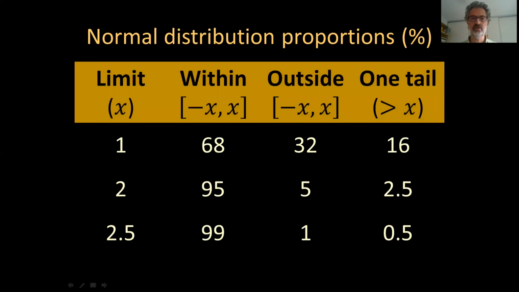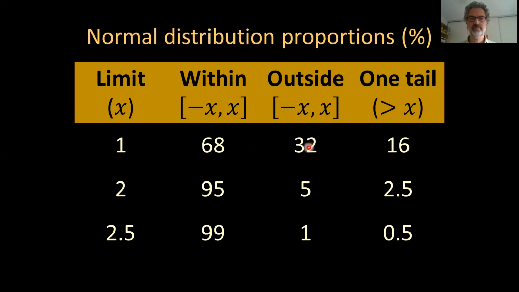So as we saw, if you think about 1, there is 68% from minus 1 to plus 1, which leaves 32% to be outside this range. And therefore, each half, so each tail, the right tail above 1 or the left tail below minus 1, has to be 16%.